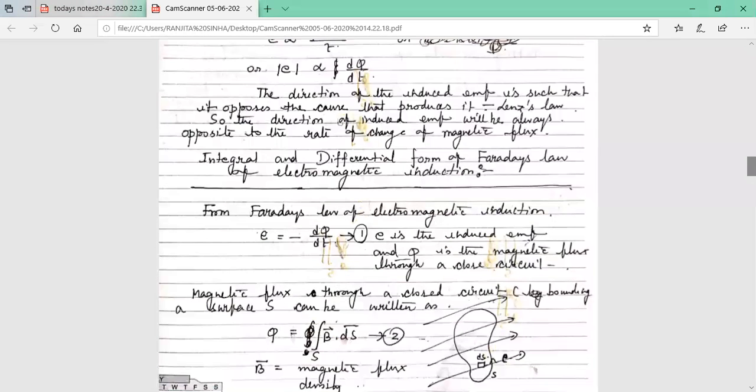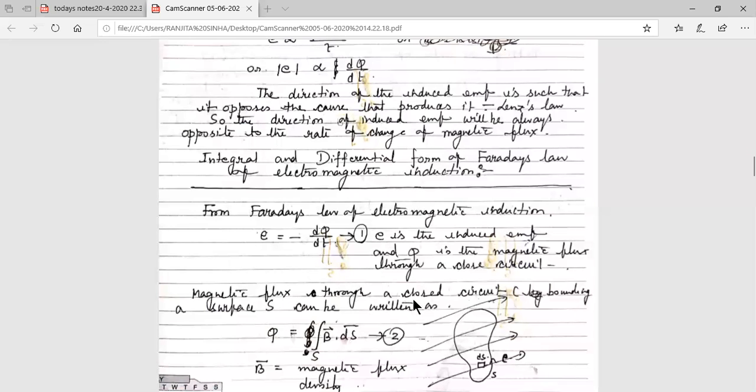Now, in terms of differential and integral form, you have to know this. This is very important, because from this portion you will get Maxwell's equations. From Faraday's law of electromagnetic induction, we know E equal to minus d phi by dt, where E is the induced EMF and phi is the magnetic flux through a closed coil.